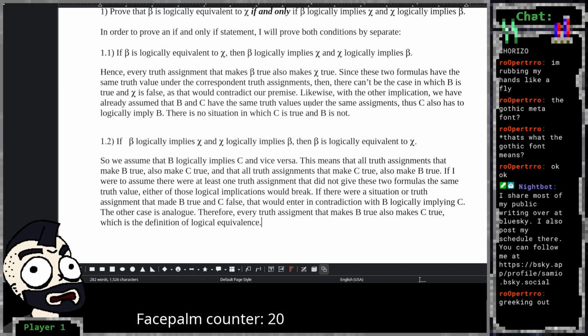So yeah, it's very silly. Intuitively, it's obviously the case because, I mean, if A implies B and B implies A, then that means they imply each other, so they have to have the same values.